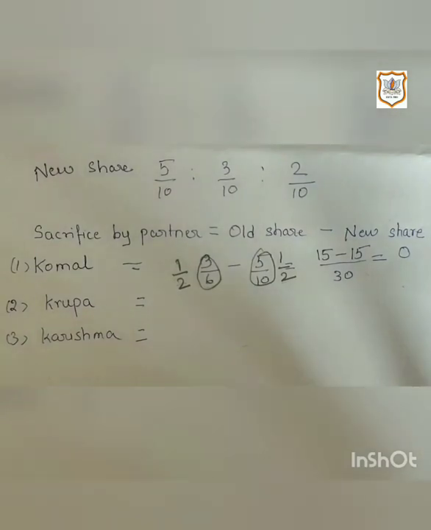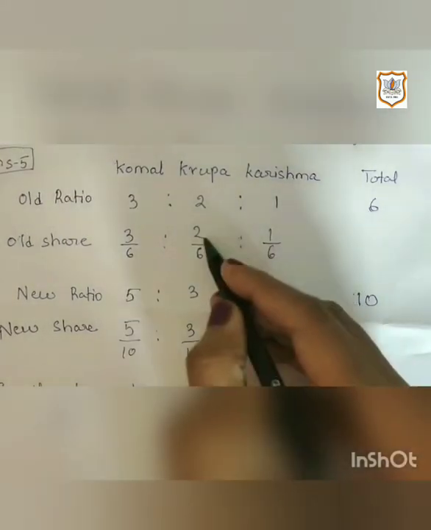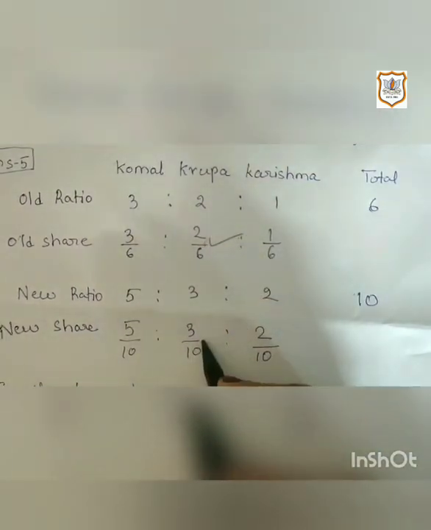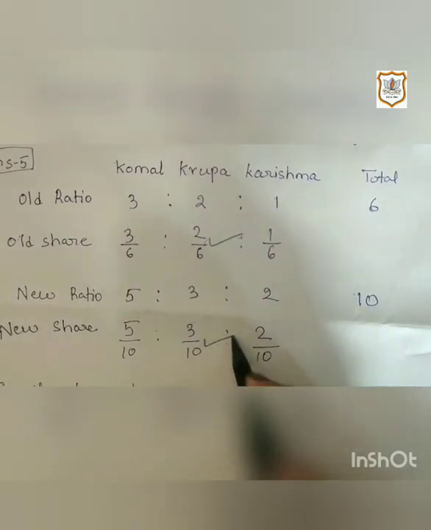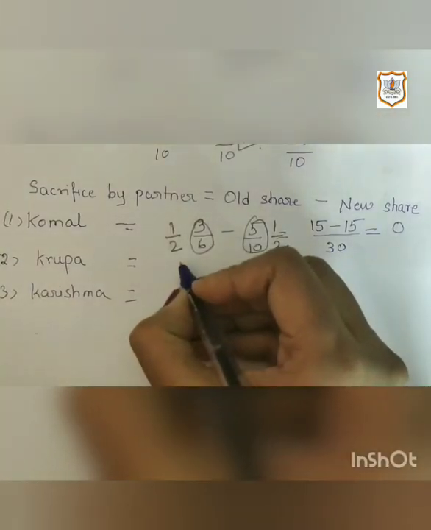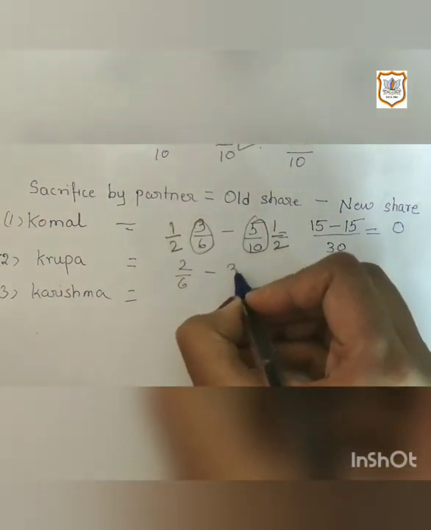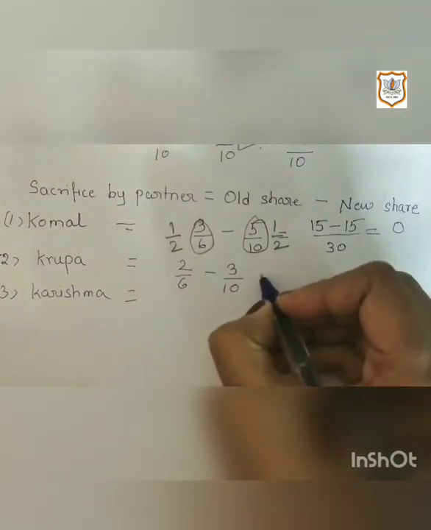Now let us see how much Krupa is sacrificing. Here Krupa's old share was 2/6 and her new share is 3/10. So let's substitute the values: 2/6 minus her new share 3/10.